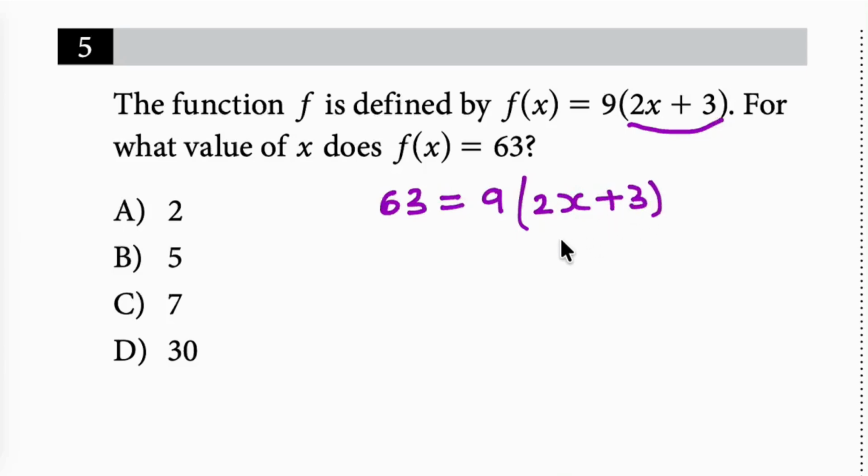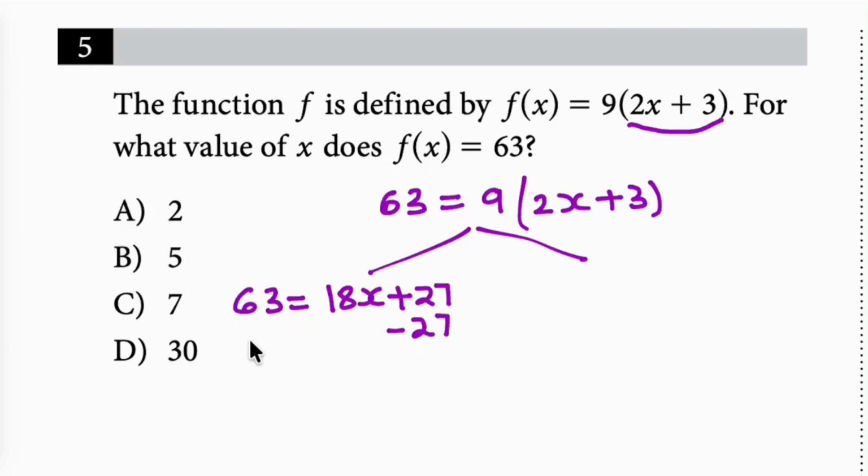Now here I want to solve this question with two methods. First method is like you apply the distributive property first, right? So 63 is equal to 9 twos are 18x plus 9 threes are 27, subtracting 27 on both sides.